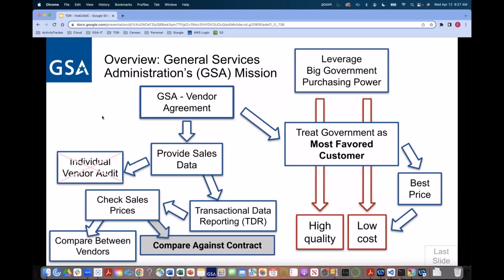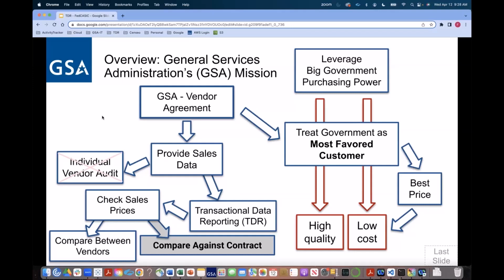Now, the caveat here is that because of the format in which we're receiving the transactional data, we will be receiving a lot more data than we did before this model. So on the government side, it adds a little bit more work, but it gives us the power to do the analysis on our side.